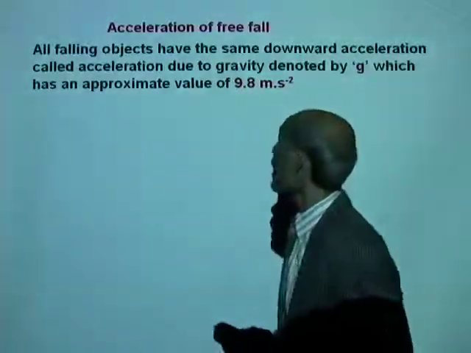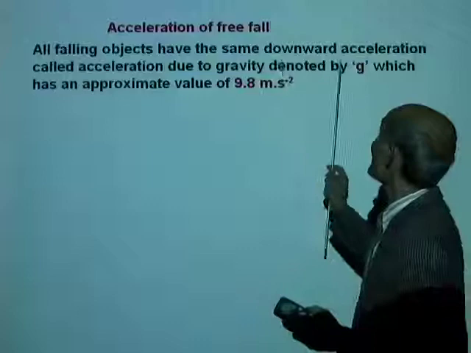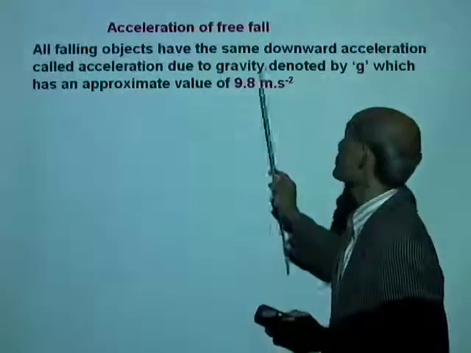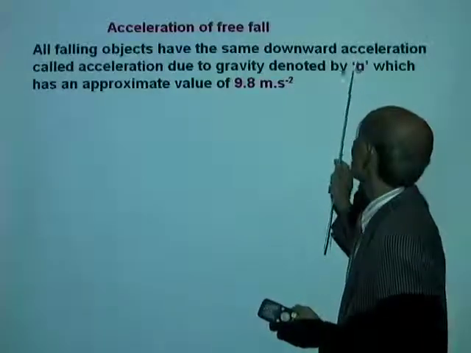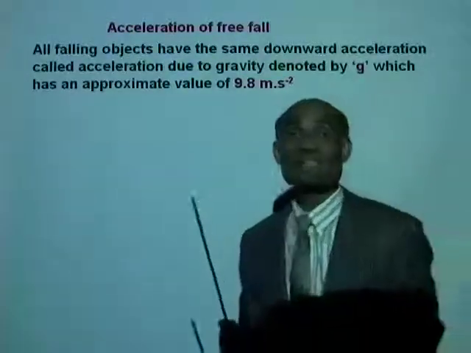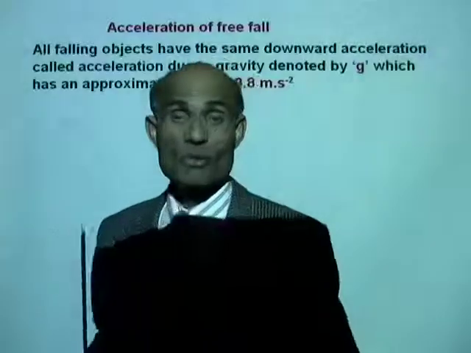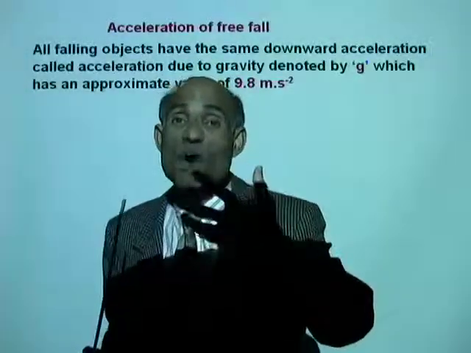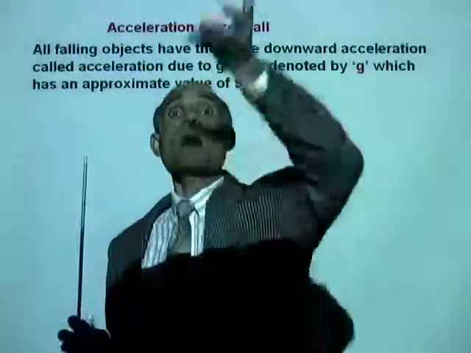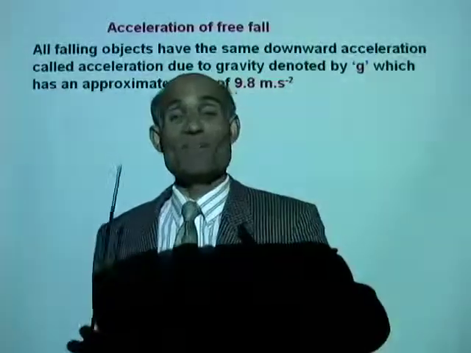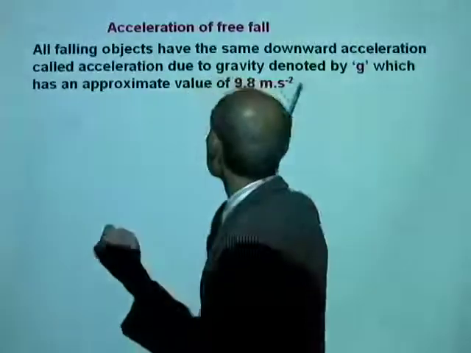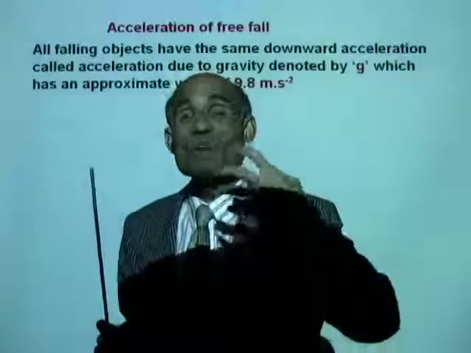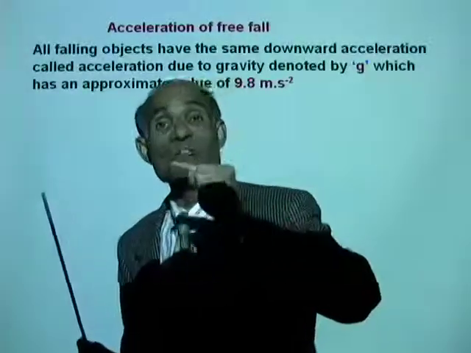All falling objects have the same downward acceleration called the acceleration due to gravity, and we will represent that by the letter g. So, in place of a, when you want to deal with objects that are thrown up or down, that are subjected to this acceleration of gravity, we will replace our a by g.